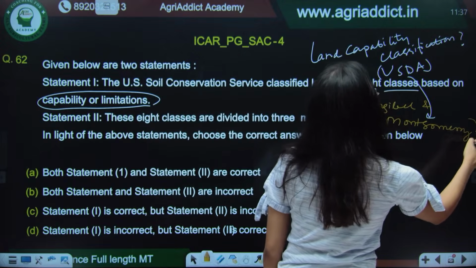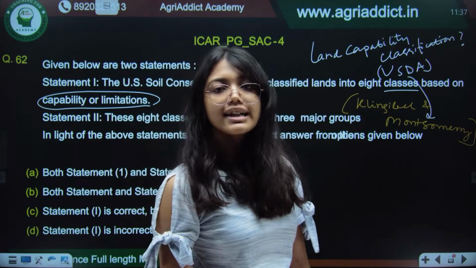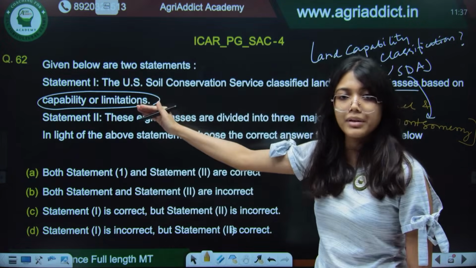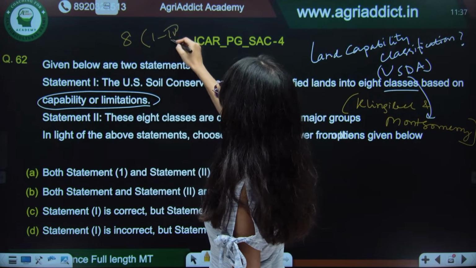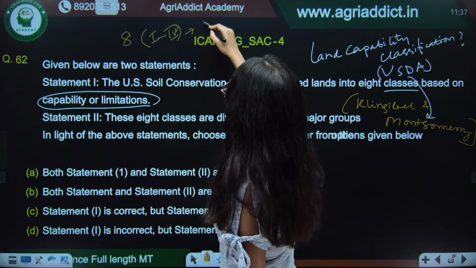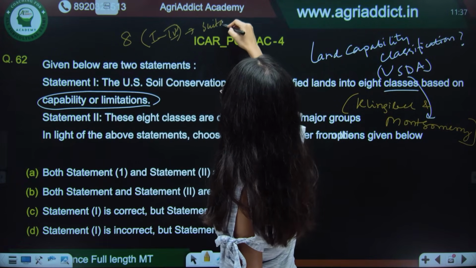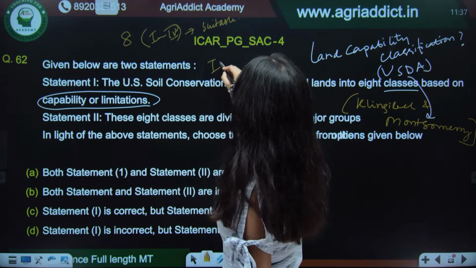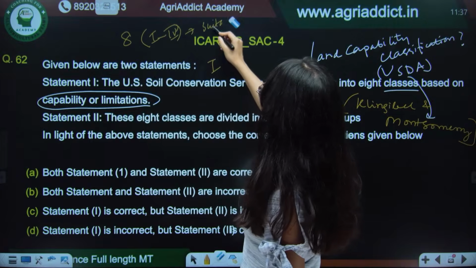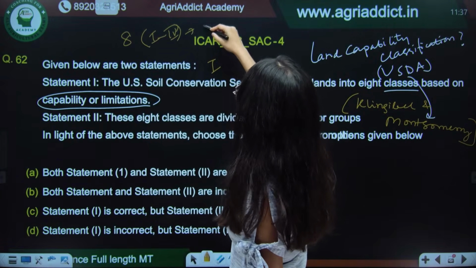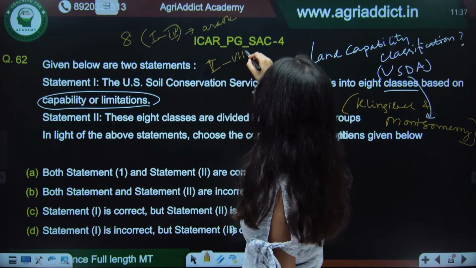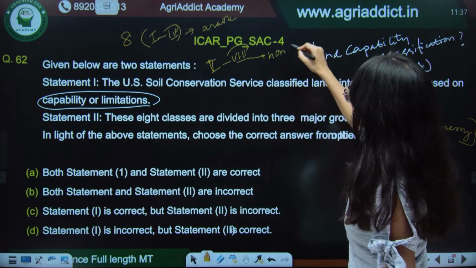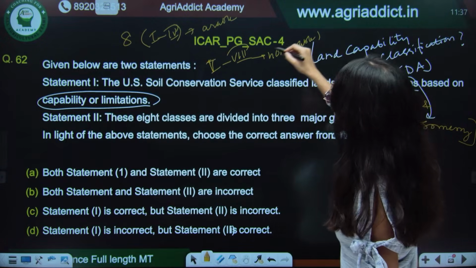And this is true that we have 8 classes. So, for land capability classification, we will have 8 classes. From class 1 to 4, it will be suitable, arable, and from 5 to the rest 8 it is non-arable classification.